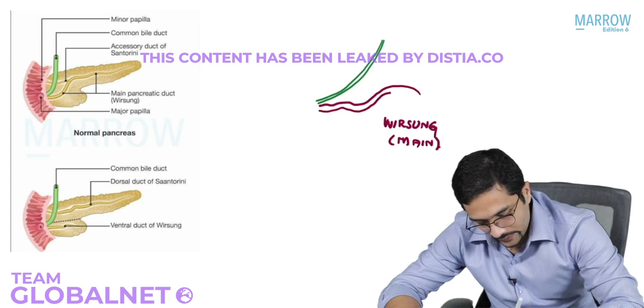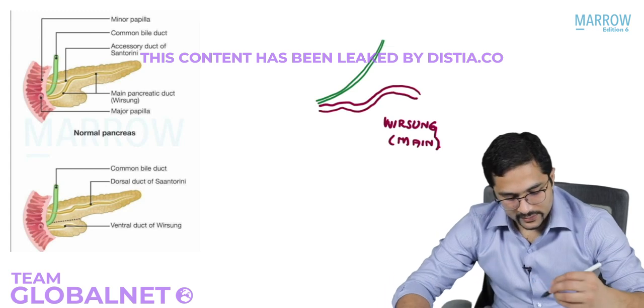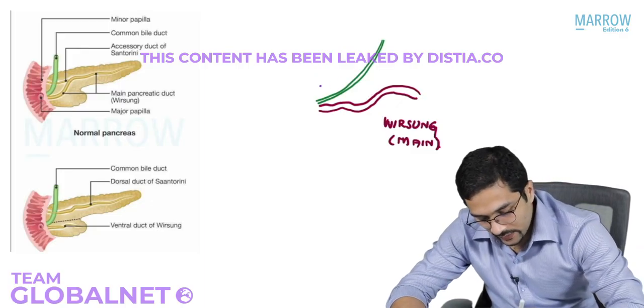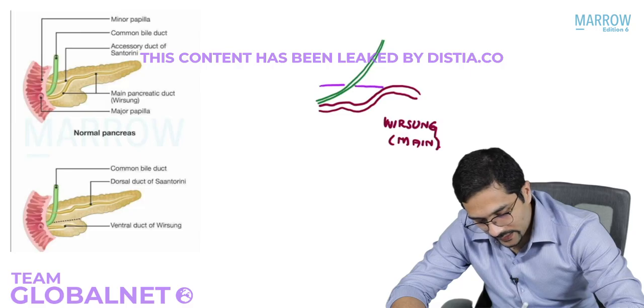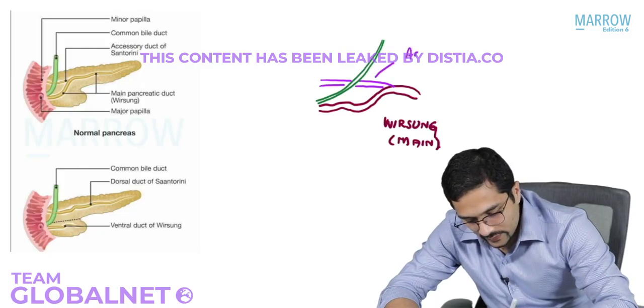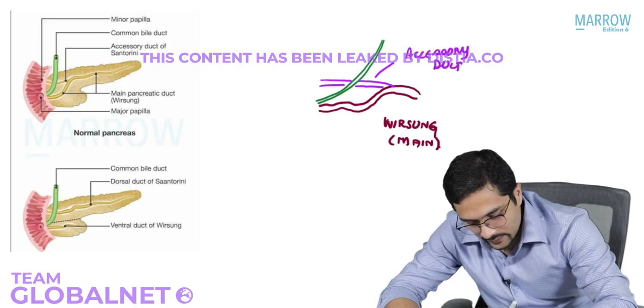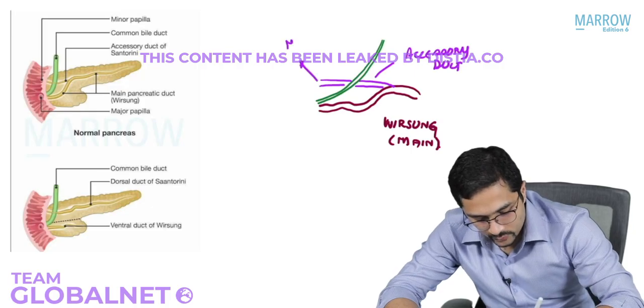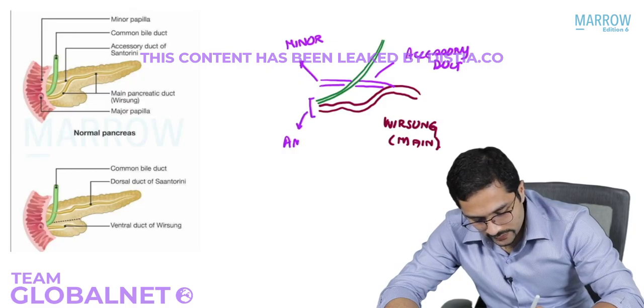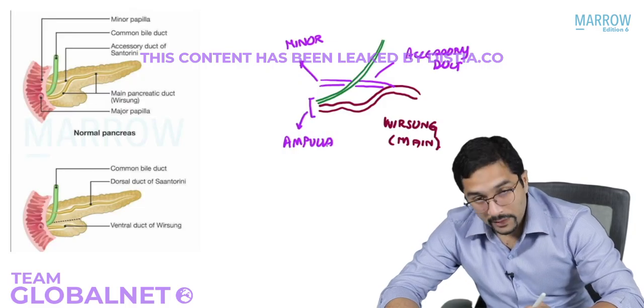Okay, and this duct is joined by the accessory duct of Santorini, right? So in the distal part, the accessory duct of Santorini joins this duct, and this accessory duct of Santorini is going to open at the minor papilla. This is going to open at the minor papilla, and this is going to open at the ampulla of Vater or the major papilla.